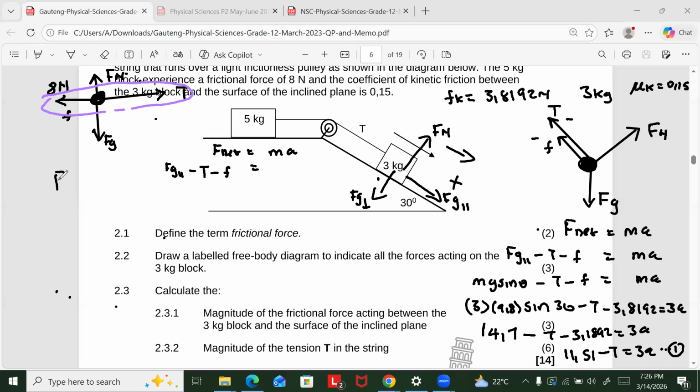Fnet is equal to ma. Tension force is positive, the frictional force to the left is negative, equal to ma. The frictional force is 8 and the mass is 5, so T minus 8 is equal to 5a. This is equation number 2.